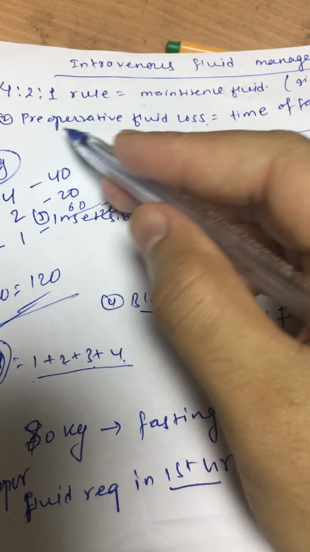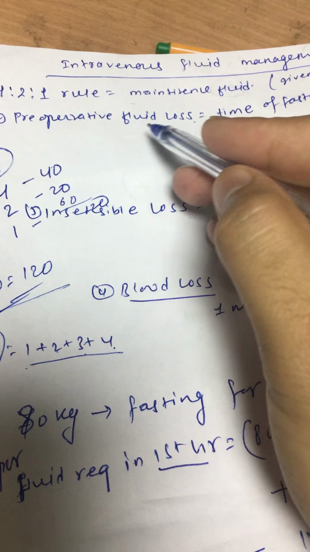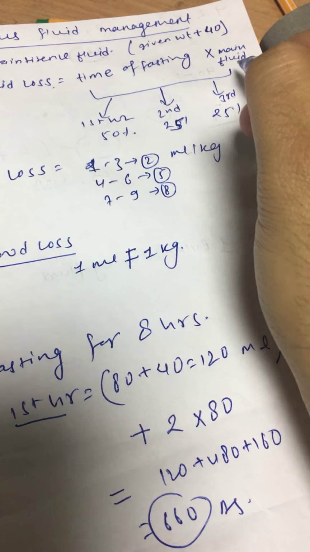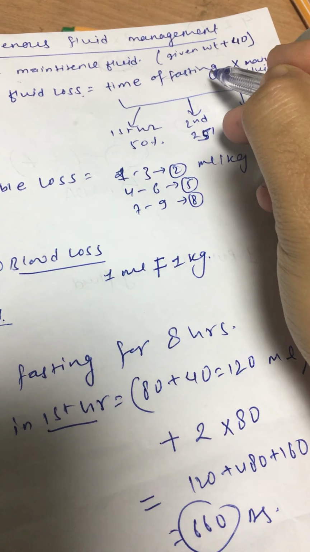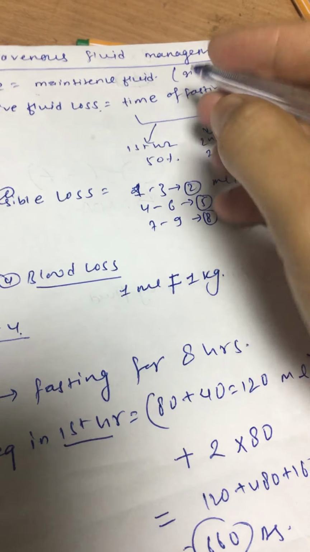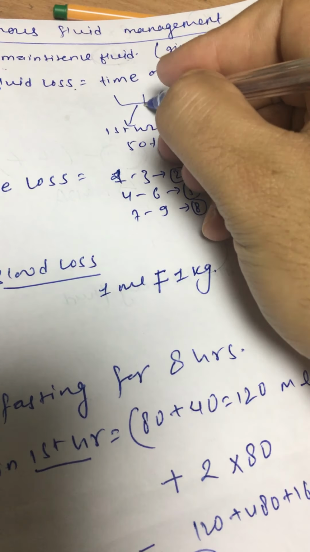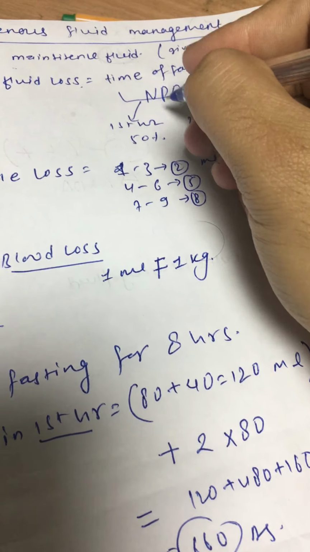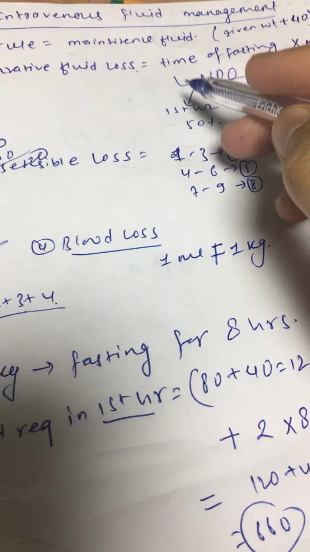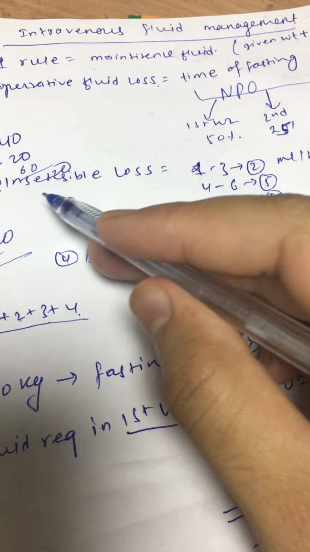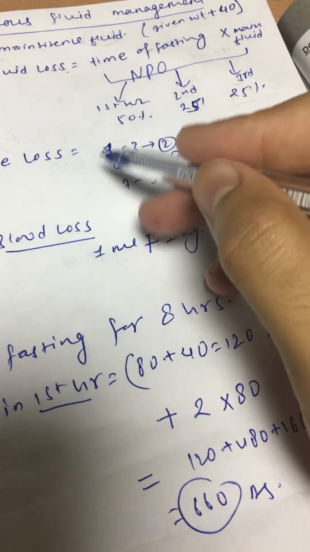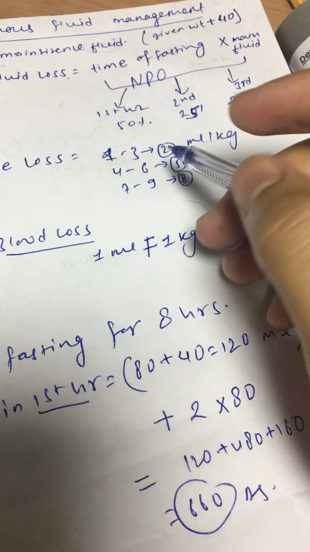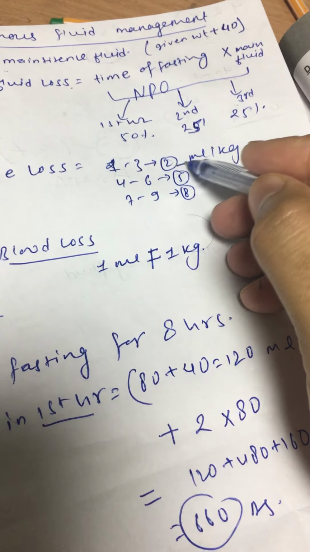Now pre-operative fluid loss. Pre-operative fluid loss means maintenance fluid multiplied by time of fasting, or medically it is called NPO, nil per os, means nothing through mouth. And insensible loss depends upon severity of surgery. If the surgery is small like laparoscopic surgery, then we will take 2 ml per kg.